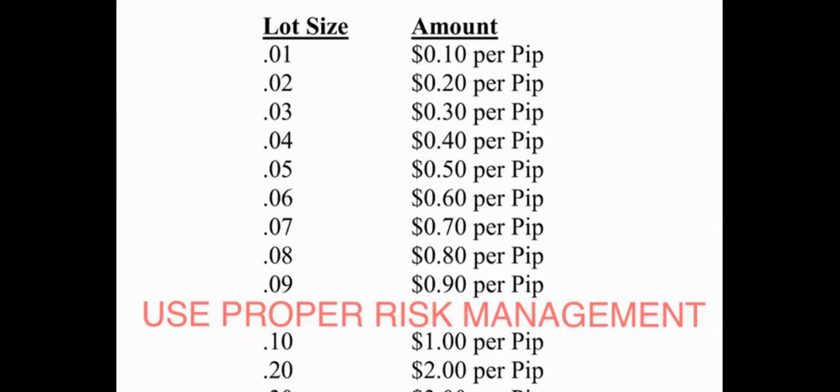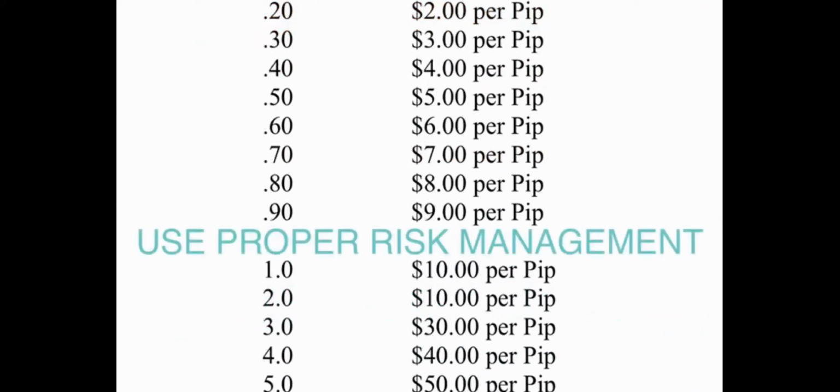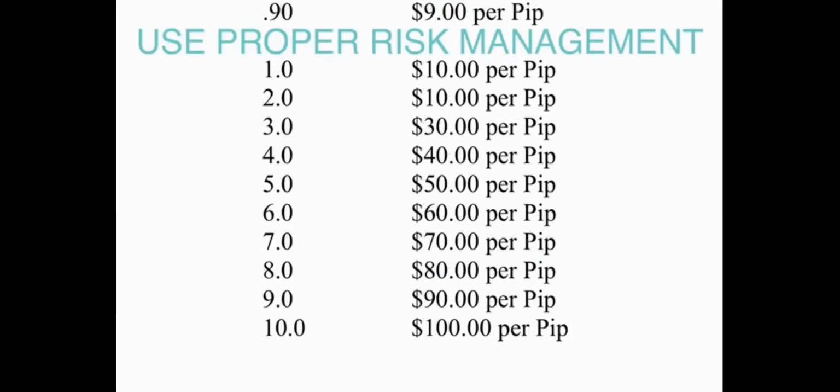That's a micro lot. 0.10 is not 10 cents, but that means you're trading $1 per pip. That's a mini lot. So you have micros, minis, and then standards. A standard, 1.0 lot or 1.00 lot however you write it, is $10 per pip. So make sure that you understand that.